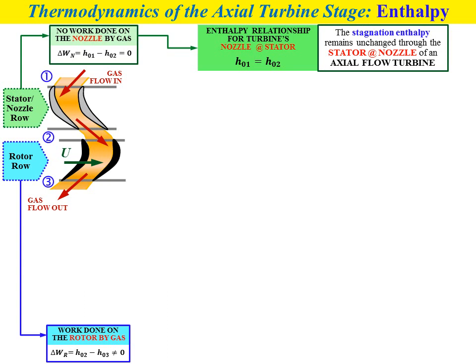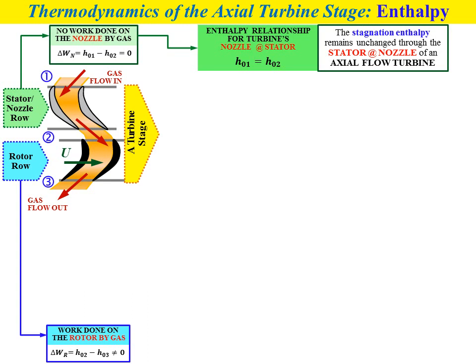In terms of formula, the work done on the rotor, delta Wr, is equal to the stagnation enthalpy difference H02 at condition number 2 minus H03 at condition number 3, and the value will not be equal to 0.